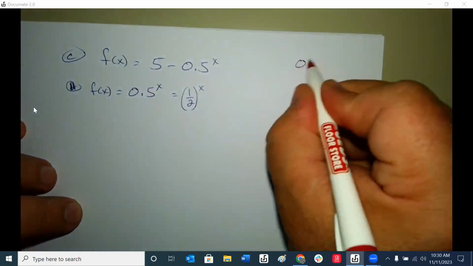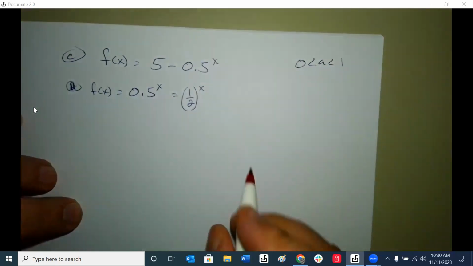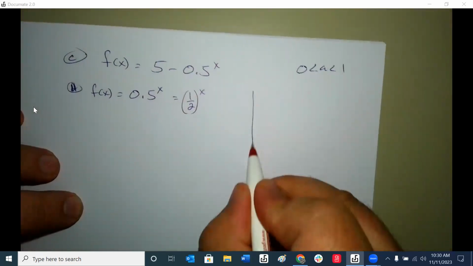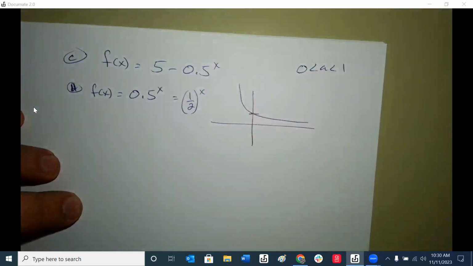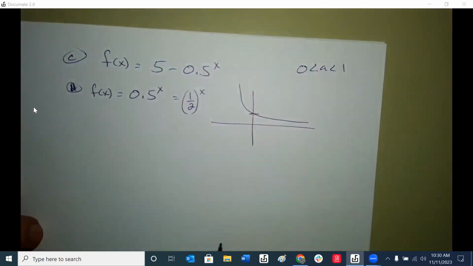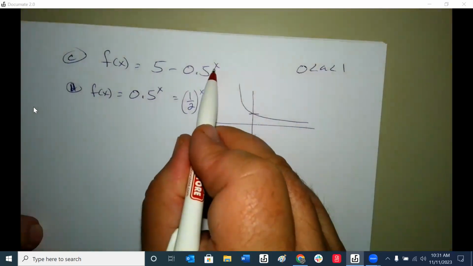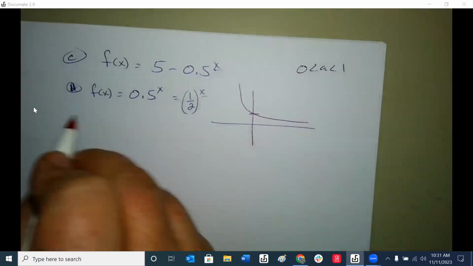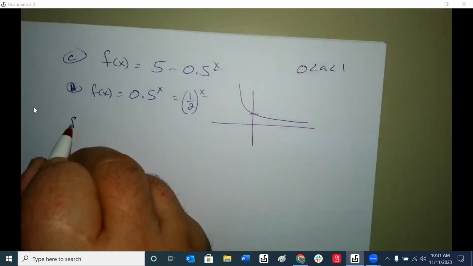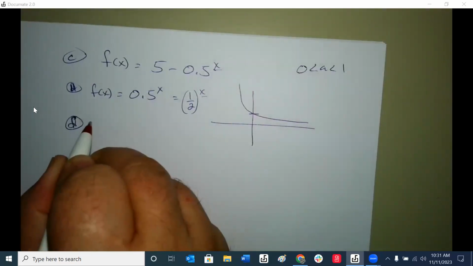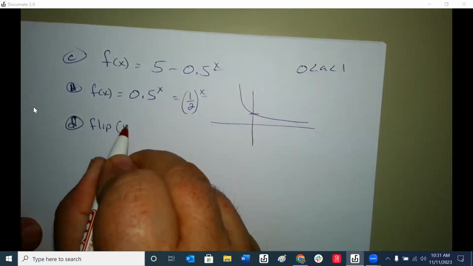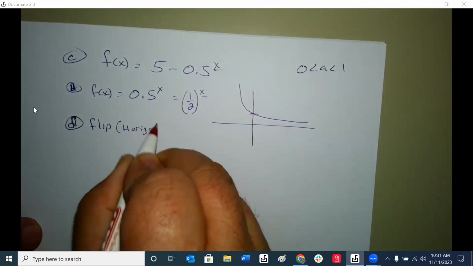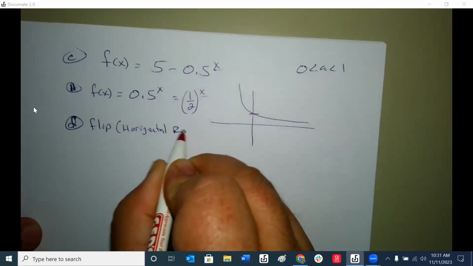A is now between 0 and 1. So that means our graph looks like that. It's a decreasing graph. There's no horizontal shift because there's nothing on the x. There is a flip, a horizontal rotation.